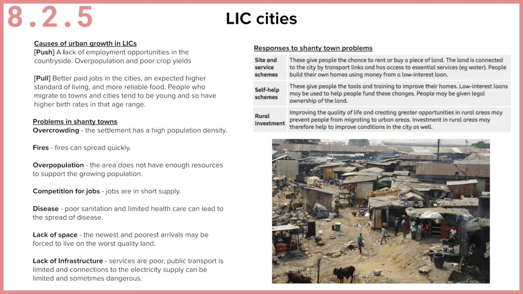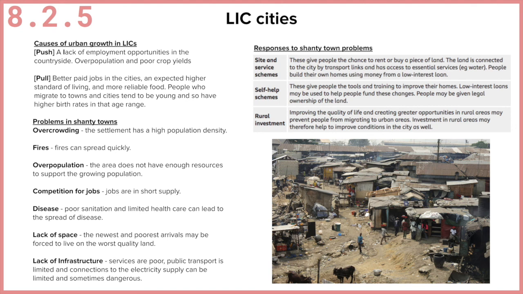Now, some cities have tried to counteract this. In Rio, Brazil, the government has tried a few different strategies to increase the quality of living, the quality of life inside the shantytowns. So there are 3 schemes that have been trialled.